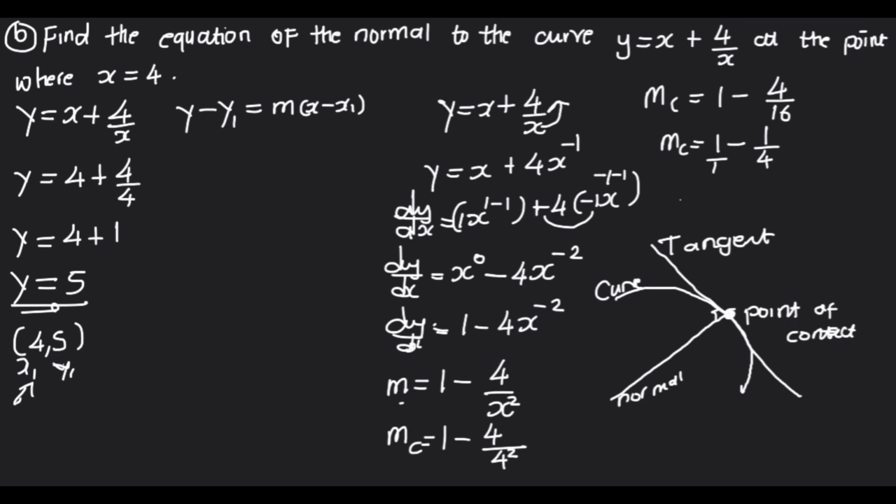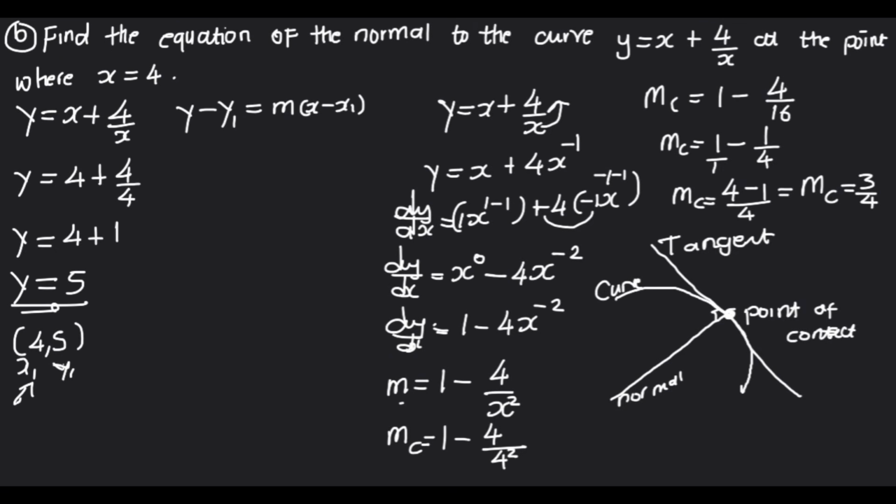So over 1, gradient is equal to, the lowest common denominator is 4. 1 into 4 is 4 times 1 is 4 minus 4 into 4 is 1 times it. So our gradient of the curve is equal to 3 over 4.